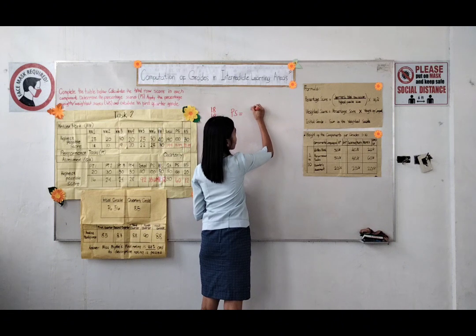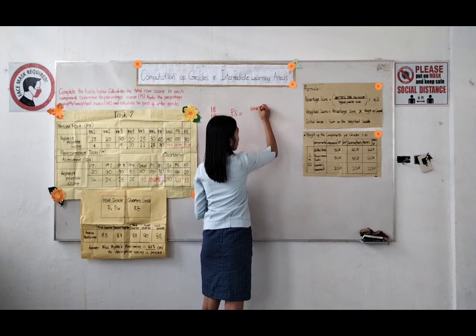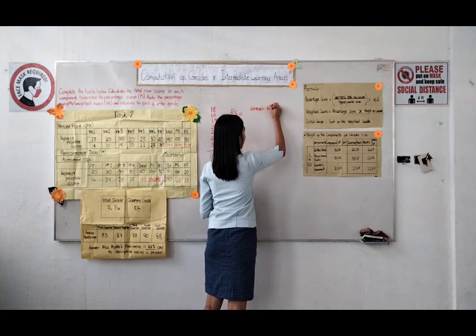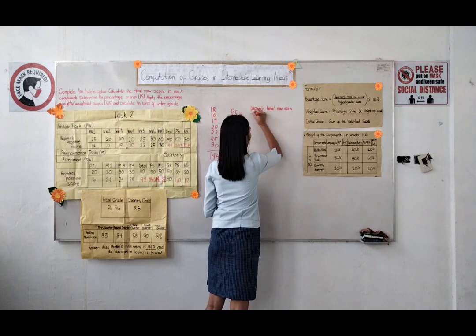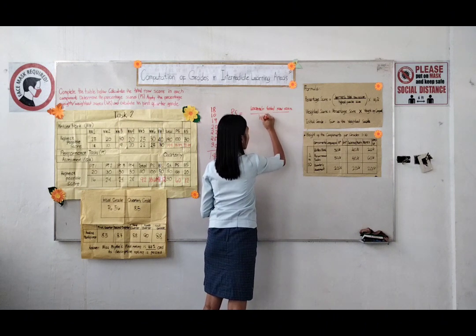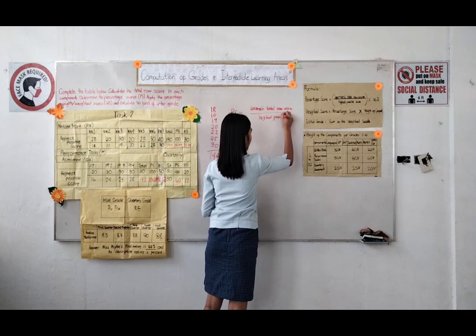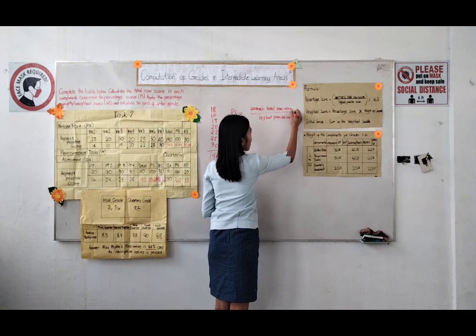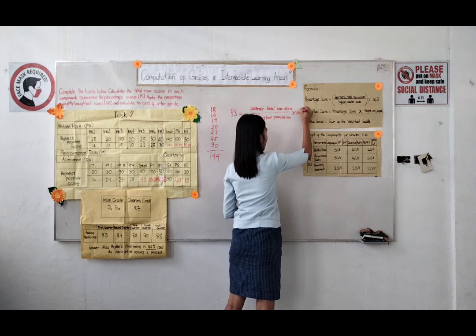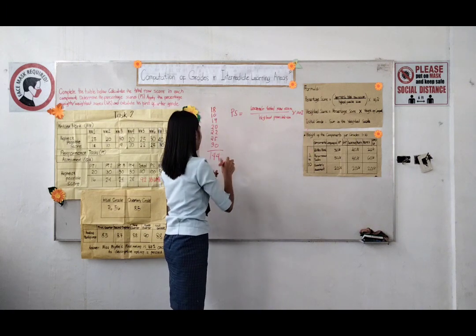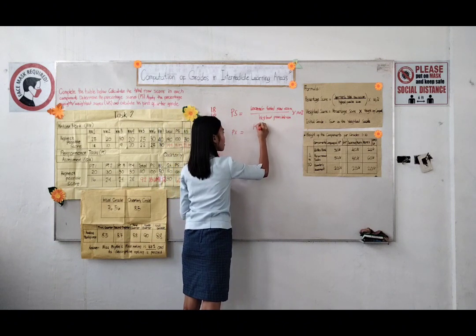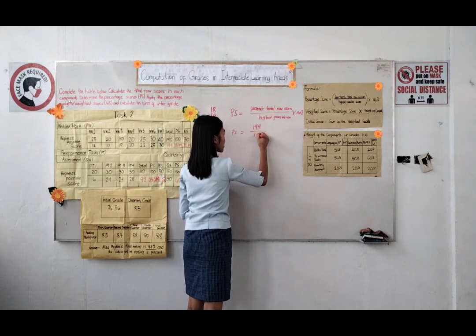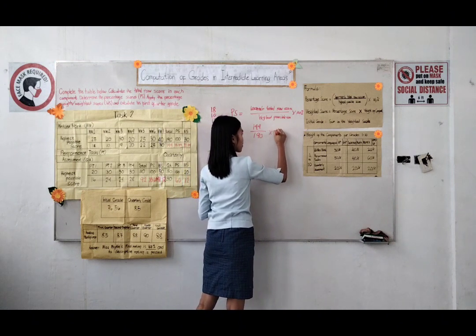In order to get the percentage score, we need to use the formula, which is percentage score is equal to learner's total score, total raw score, over highest possible score, times 100%. So PS is equal to 144 over 190 times 100.